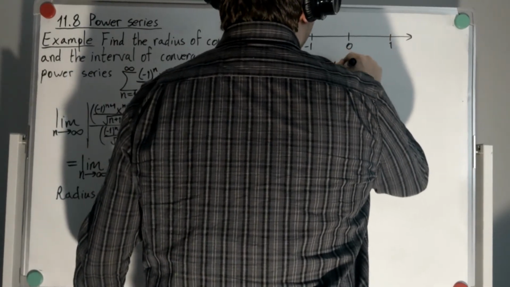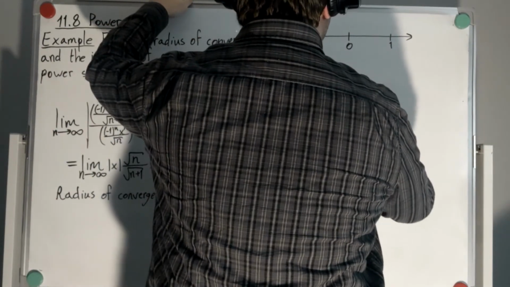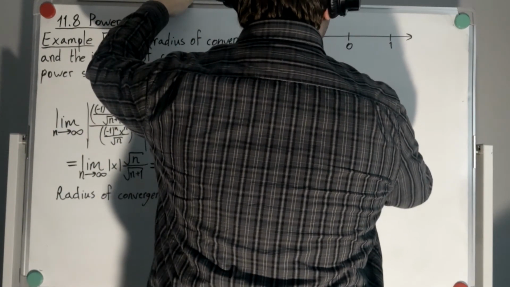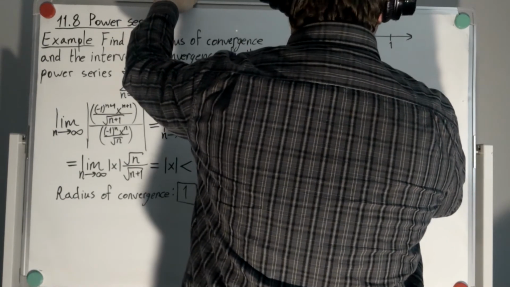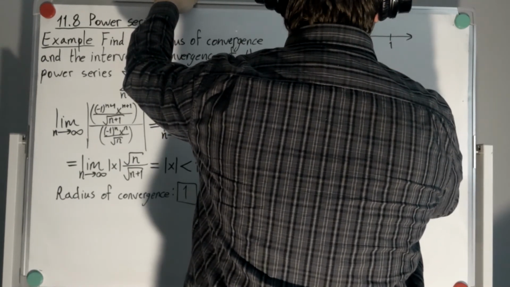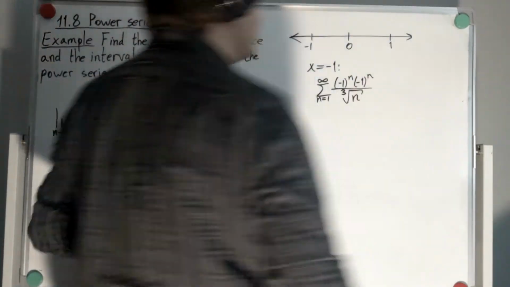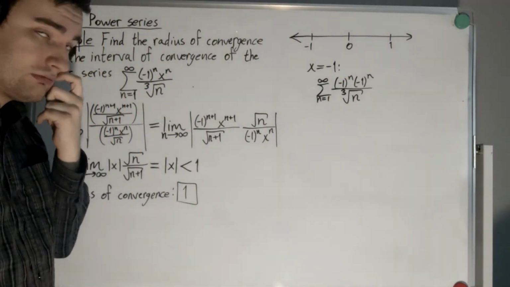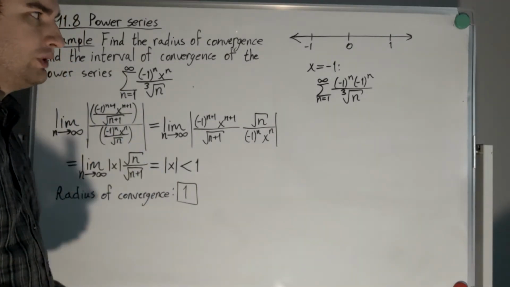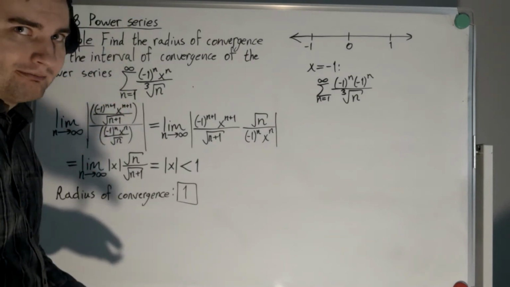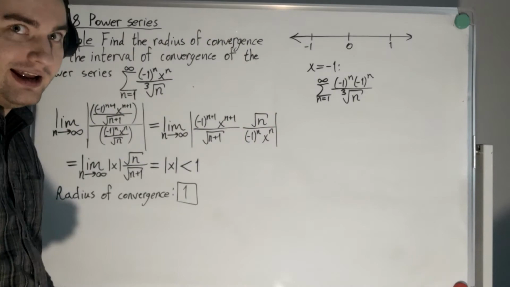So when x is -1, this looks like the sum from n equals 1 to infinity of (-1)^n times (-1)^n divided by the cube root of n. And again, you're multiplying (-1)^n by (-1)^n, and no matter what, that's going to cancel.